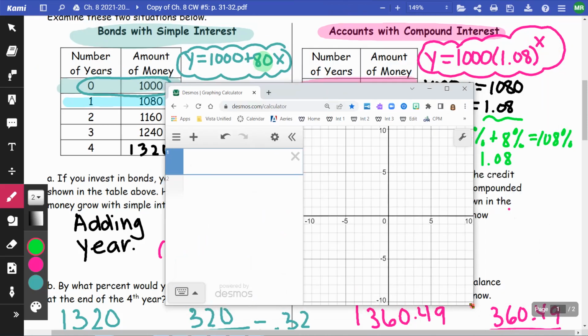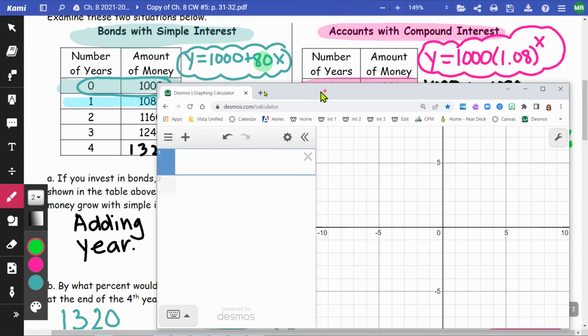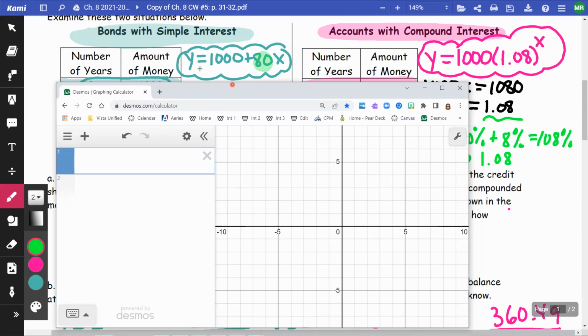And I'm just going to stretch it out a little bit. And what we're going to do is put in 1,000 plus 80x. So y equals 1,000 plus 80x.